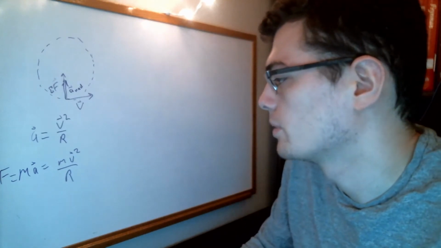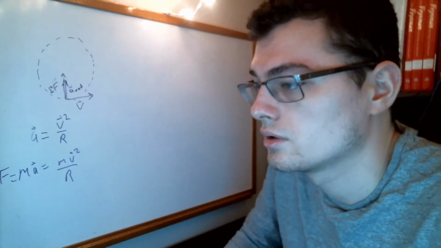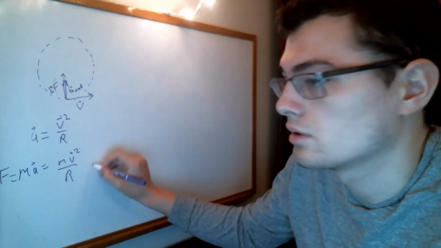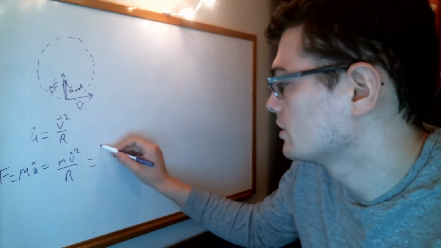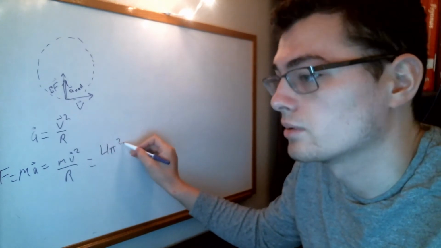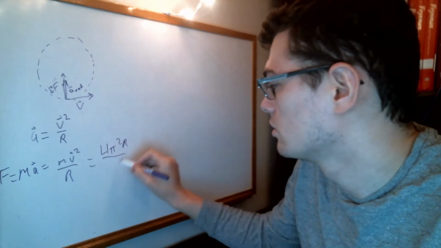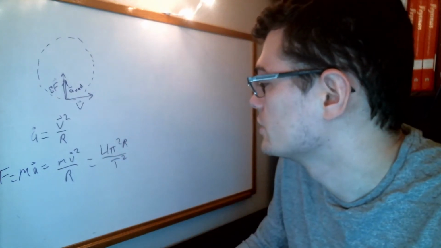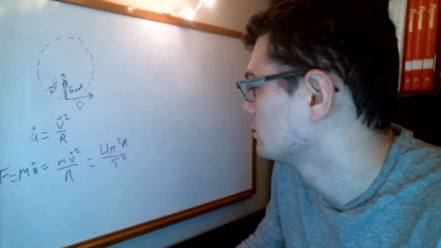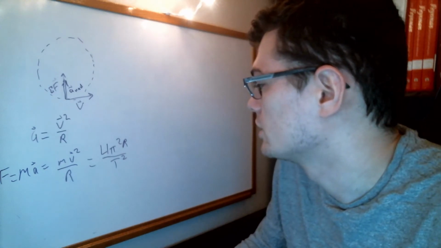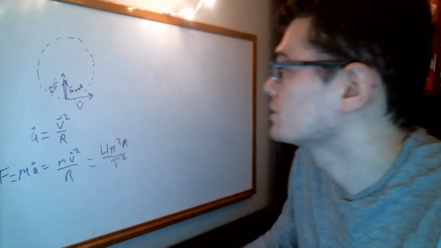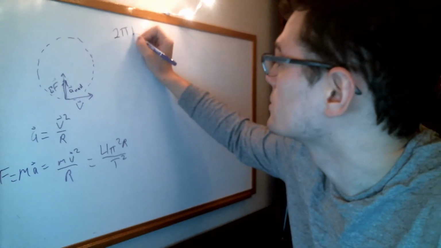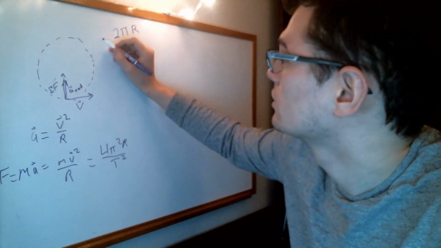And so then the period of this motion, or we can also describe this in terms of the period, is 4 pi squared R over T squared. And so what we've done is we've inserted the circumference into this, because remember we talked about how the circumference of a circle is equal to 2 pi r.